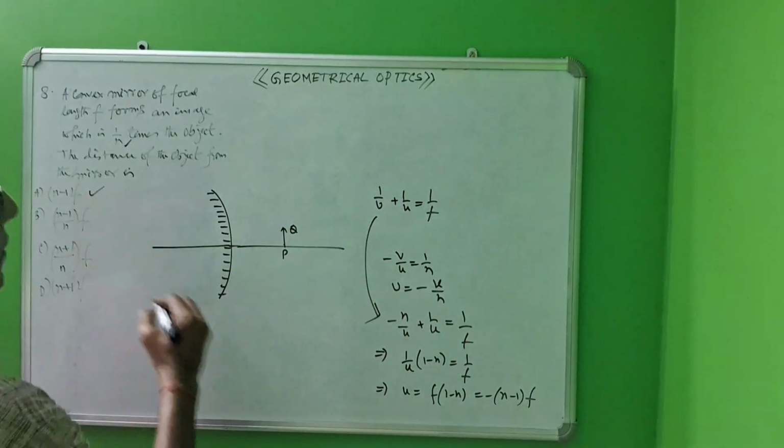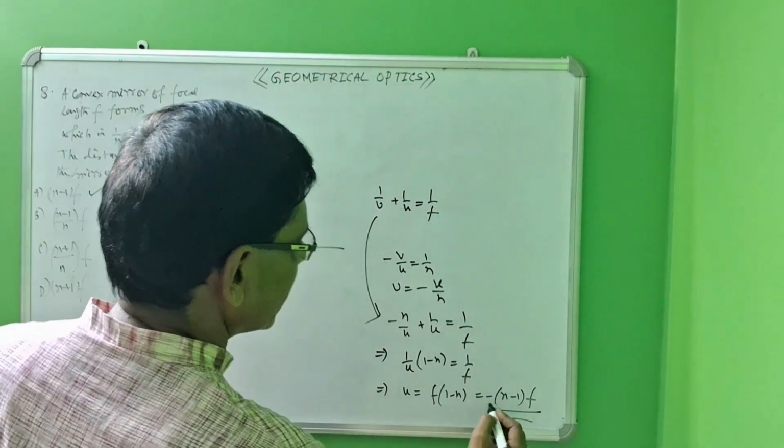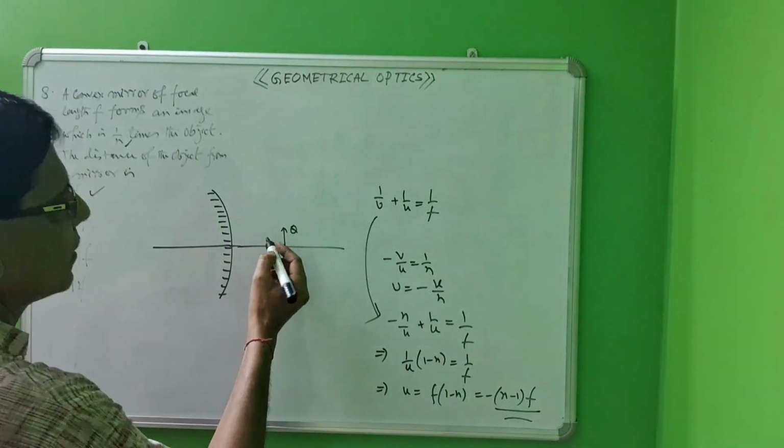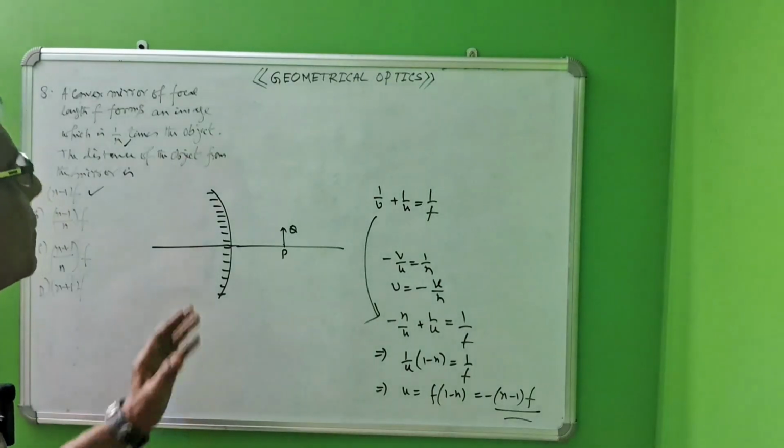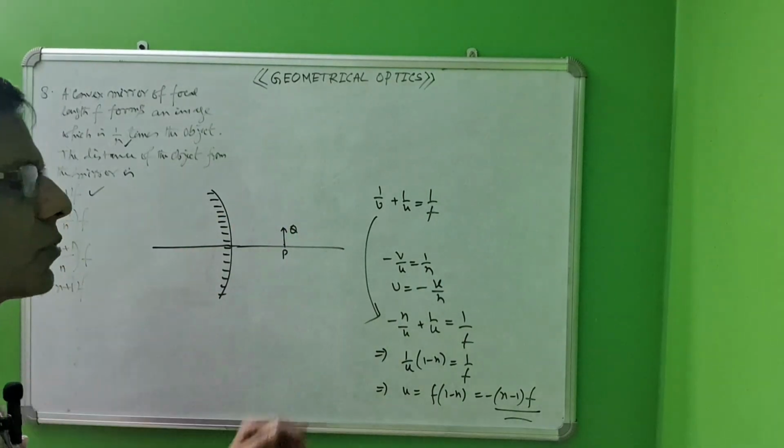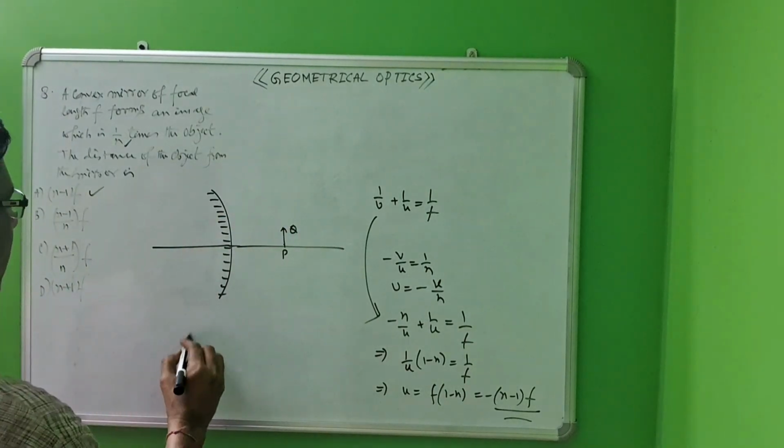So this will be the answer, because u is negative, measured opposite to the direction of light. So the answer will be A.